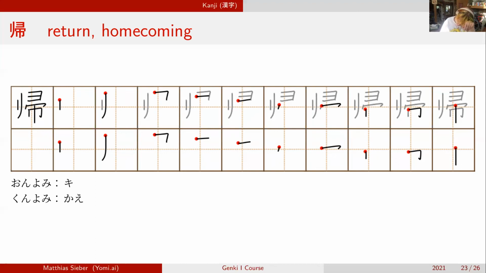We have our little kuni on top. So then our kaeru, the kanji that we're learning right now, becomes ki, and then we have our kuni, which then is koku, kikoku, which is the return to one's country.